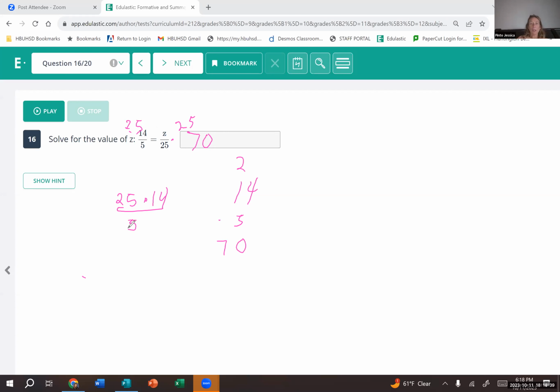So with fractions, this is division by 5. So I can't divide 14 by 5, but I can divide 25 by 5, and that's going to give me 5. And then I'm going to get that 5 times 14, which we did a minute ago, and that's going to give me 70. So our answer to this one is 70. Cool.